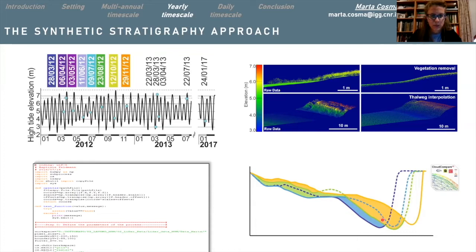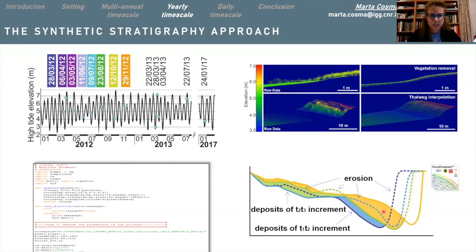In this way, we identify where erosion occurs, but more importantly, we can identify the package of sediments deposited in 2012 which is actually preserved in the bar. We can also understand where preserved deposits accumulated between the different surveys, which are called internal increments.